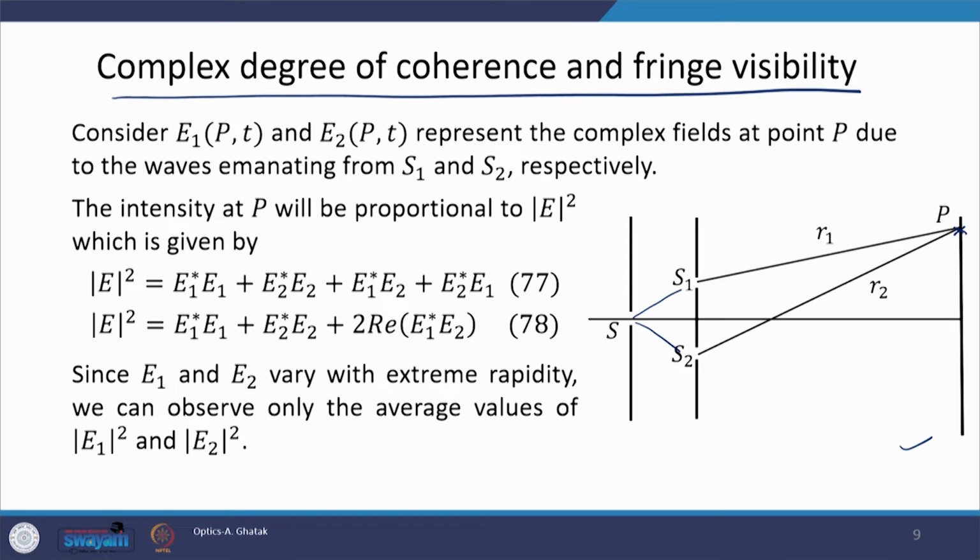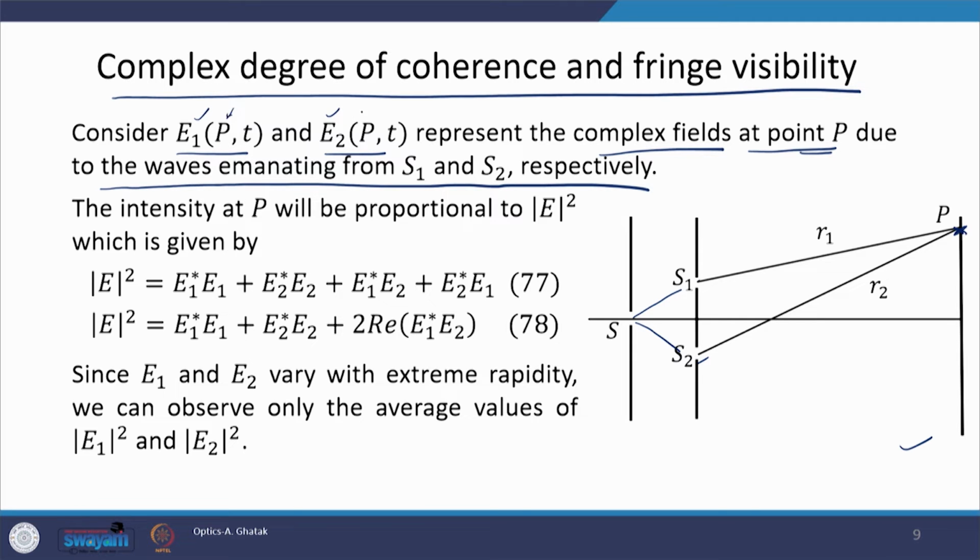Now, suppose that E1(P,T) and E2(P,T) represent the complex fields at point P due to the waves emanating from source S1 and S2 respectively. Some wave emanates from S1 and reaches point P, and another wave emanates from S2 and reaches point P again, and these waves are represented by E1(P,T) and E2(P,T).